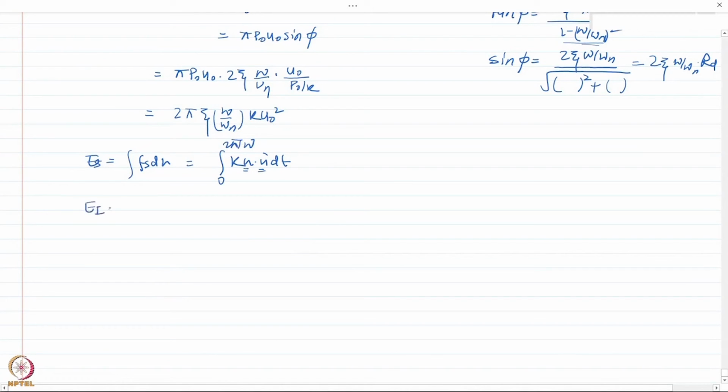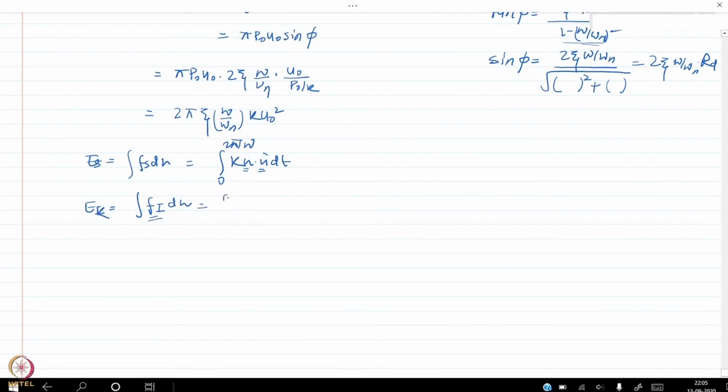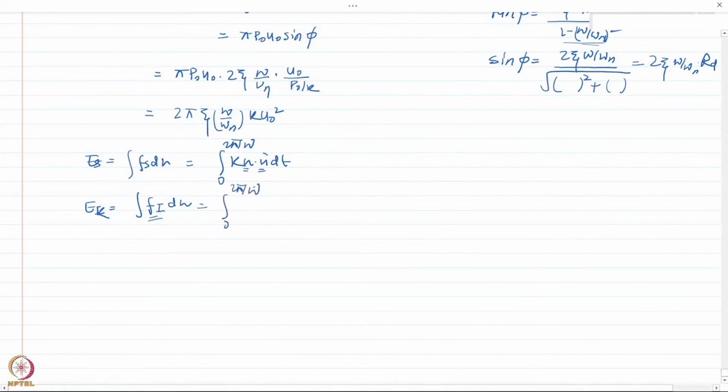Similarly, the kinetic energy you can write as the integral of Fi times du, where Fi is the inertial force. Over a cycle, again you can write this as m u double dot times u dot dt. Again you can substitute this expression and integrate it over the limits. You are going to find that these expressions are 0.